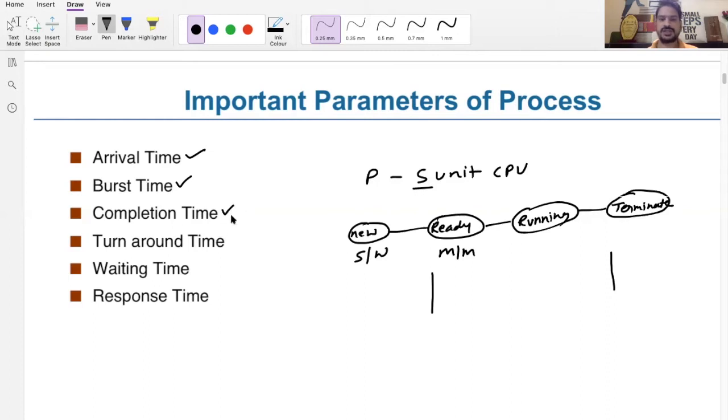So here this is a time instance, and this is the time duration.